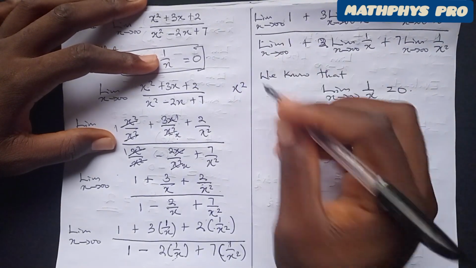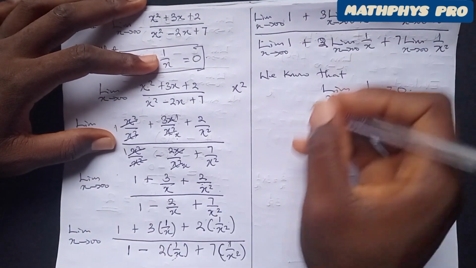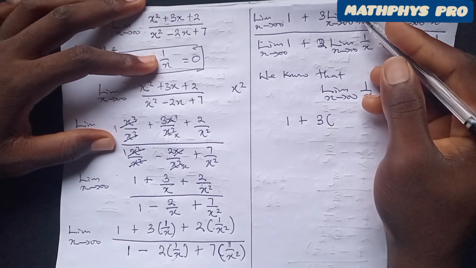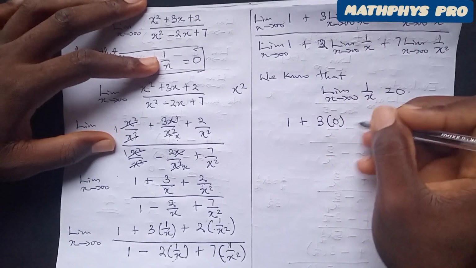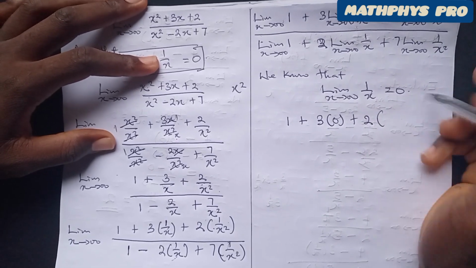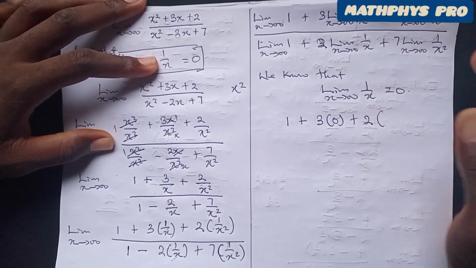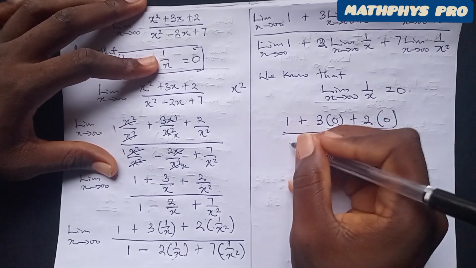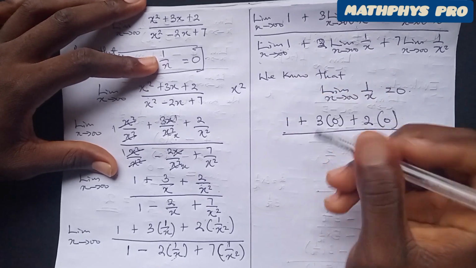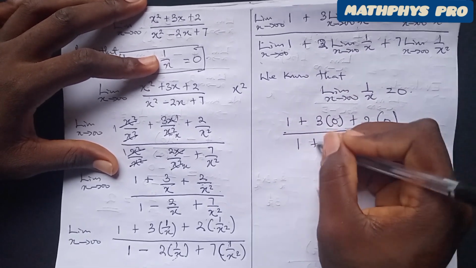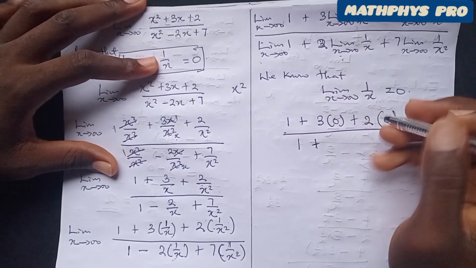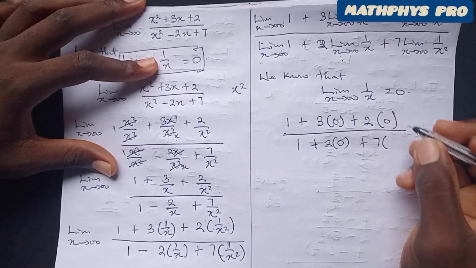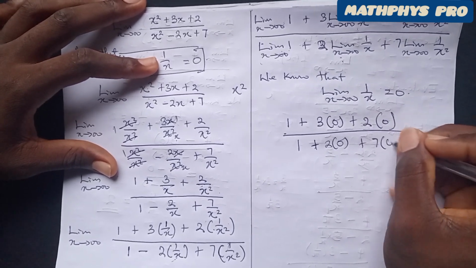So lim when x approaches infinity of 1 is 1 plus 3 times lim when x approaches infinity of 1 over x is 0 plus 2 times the limit when x approaches infinity of 1 over x is 0, divided by limit of 1 when x approaches infinity is 1 plus 2 or 2 lim when x approaches infinity of 1 over x is 0 plus 7 lim when x approaches infinity of 1 over x squared is 0.